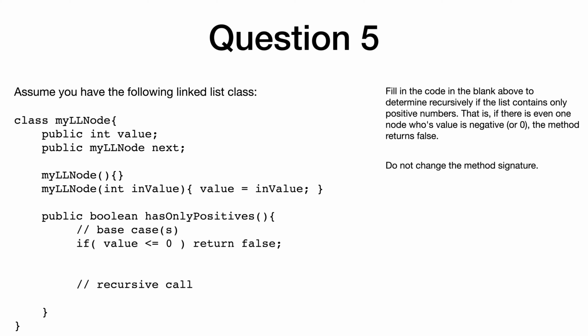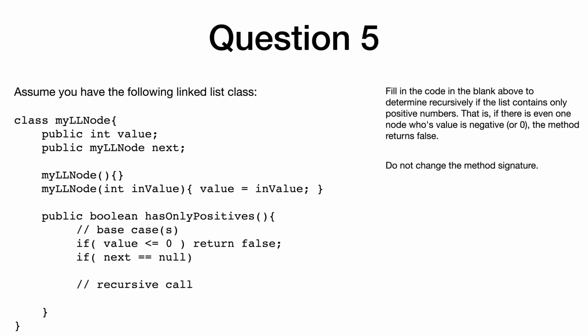Otherwise, we're going to keep going. That means that we are a positive value. And if we reach the end of the line, then we know there's no negatives after us because we're the end. To check if we're the end of a linked list, we check to see if our next pointer is null.